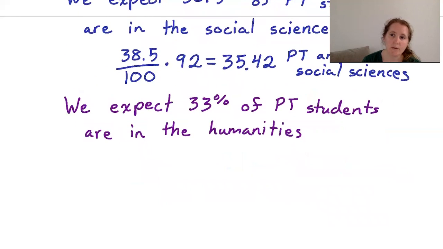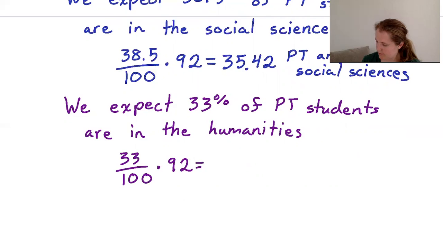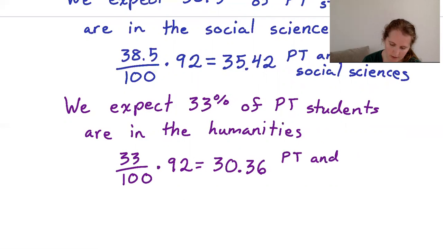So we would do 33 out of 100 times 92, and we wind up getting 30.36. So we have 30.36 as the expected part-time and humanities.